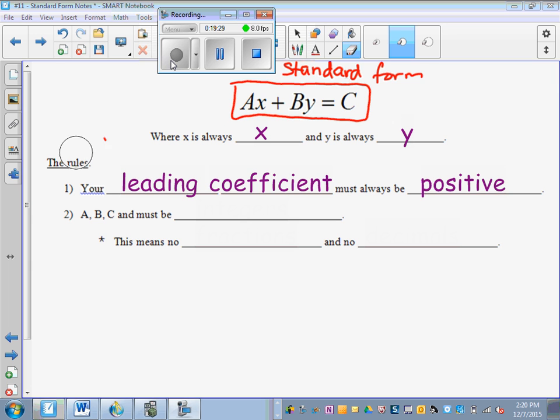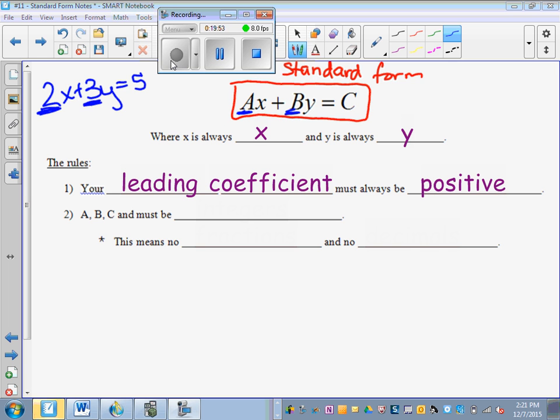Anybody know what a coefficient is? Does anyone know what a coefficient is? Cindy? Yes! That's exactly it! It's your number next to the variable. It's a number in front of your variable. So our coefficients would be A and B. So for example, if I have 2x plus 3y equals 5, my coefficients are 2 and 3.